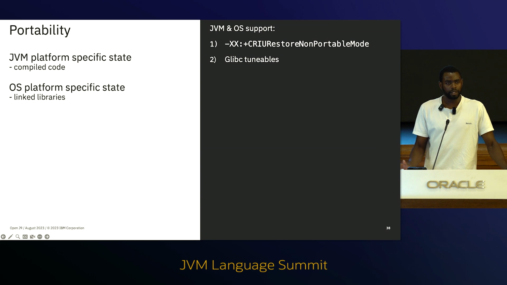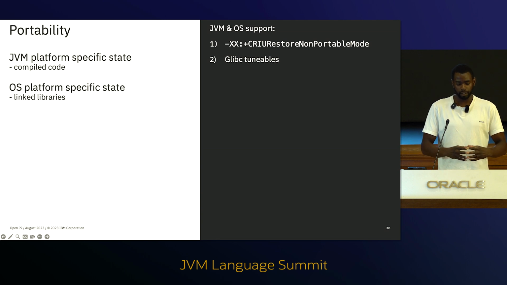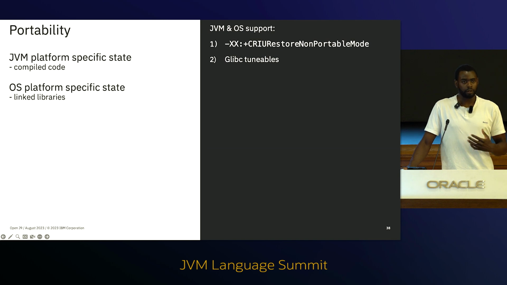Now, the JVM is not the only component that uses hardware-specific, CPU-specific capabilities. Some standard C APIs also do this, things like memcopy and memmove. They use instructions that are available on that host machine.